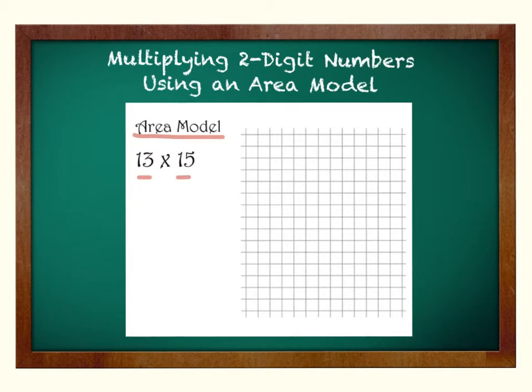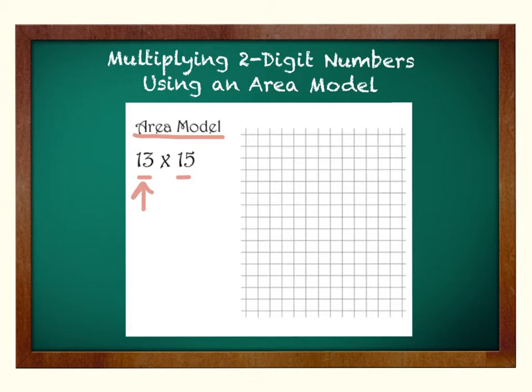One of the most important things to remember when multiplying 2-digit by 2-digit numbers using an area model is that we are multiplying all parts of this number by all parts of this number. The first thing that we will need to do is break each one of these numbers down by their place value. So let's start with 13.